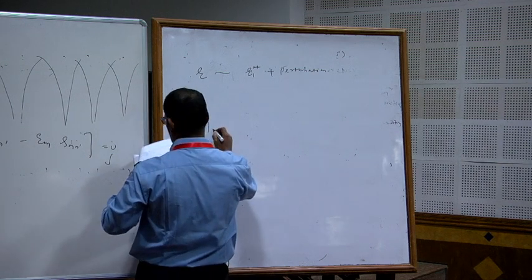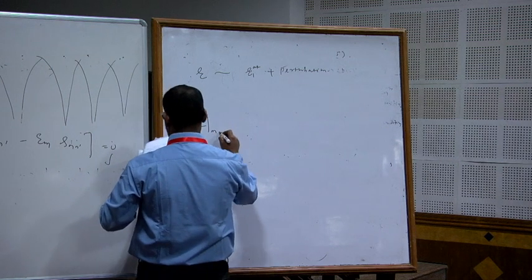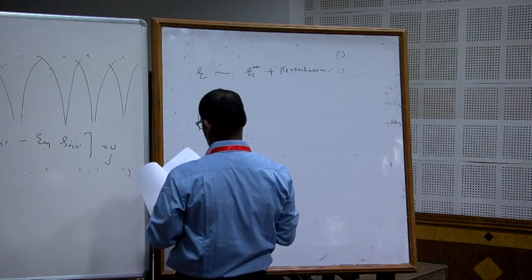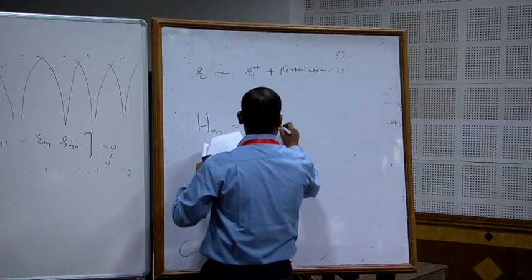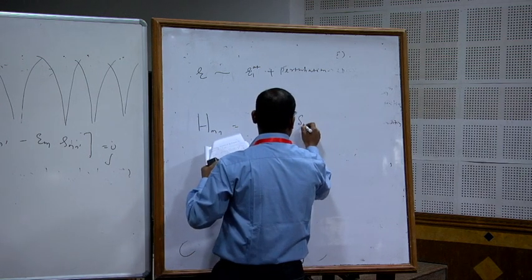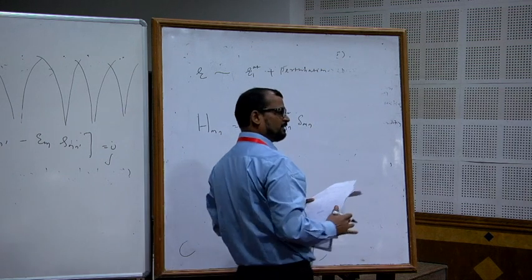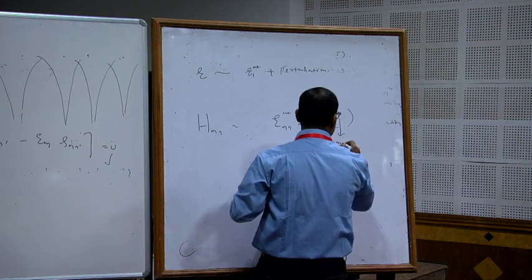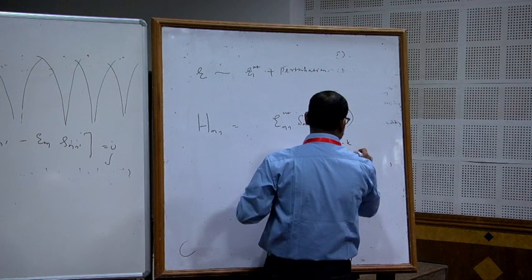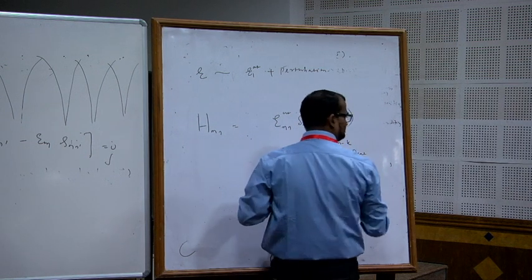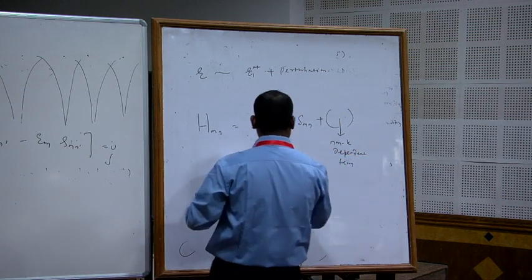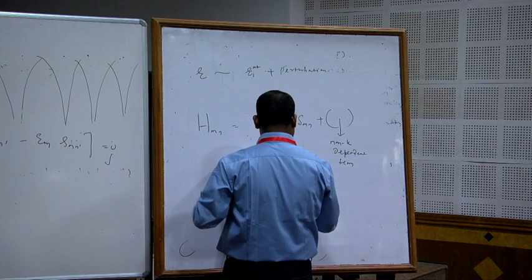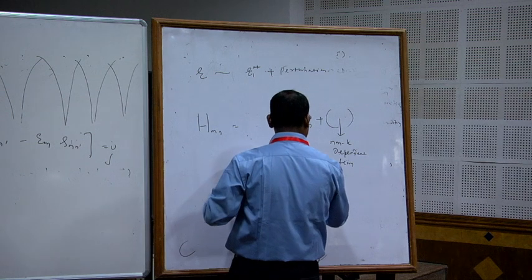A generalized picture will basically be H_MN equal to E_M delta_MN, which depends on the atomic part, plus some non-k dependent term, which is not of much interest to us, plus summation over delta, I will tell you what delta is, e to the power i k dot delta T_MN.